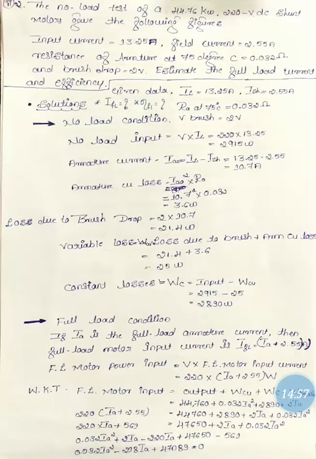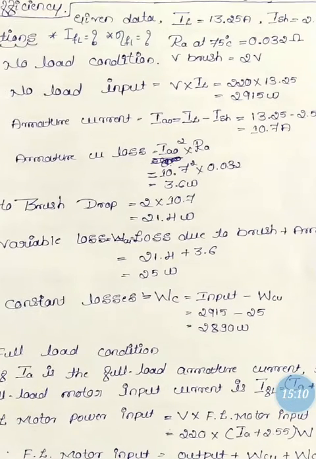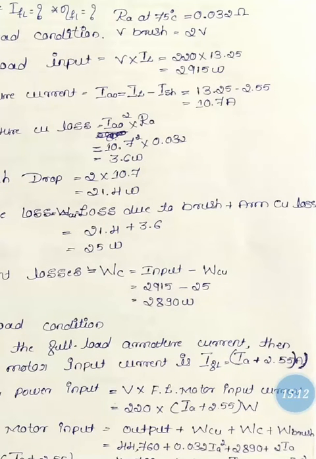The output is given, that is 44,760, plus copper loss, which we can calculate as 0.032 into Ia square. Then constant loss we calculated as 2890, plus brush drop, that is 2 terminals of the brush, 2 times Ia.